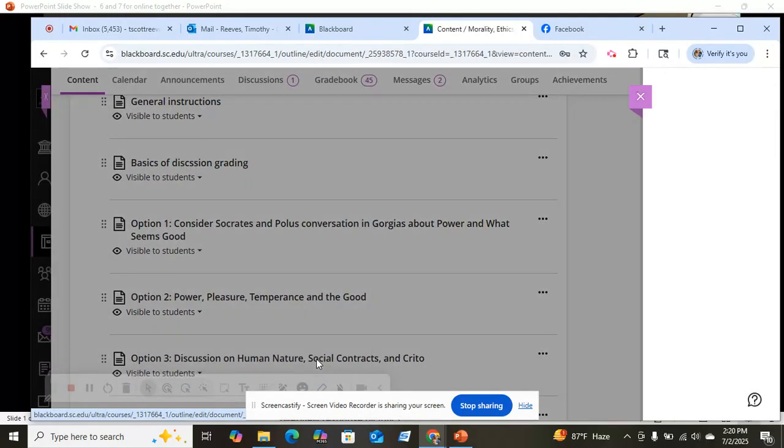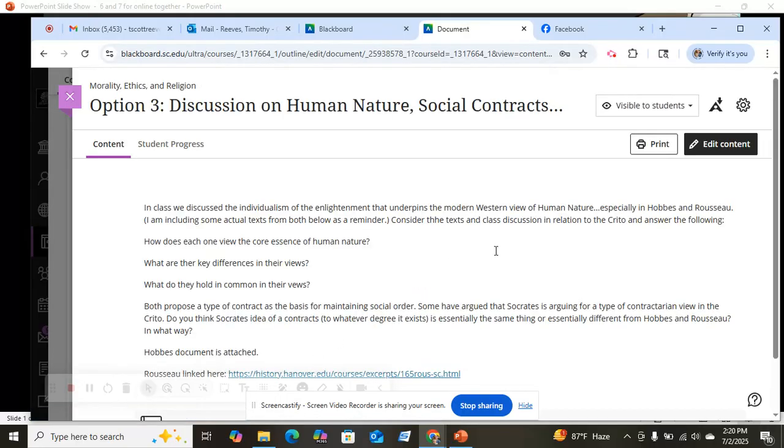Option 3 is discussing this idea of individualism and the Enlightenment, which I've talked about a little bit in the discussion on non-consequential modern ethical approaches. But individualism underpins the modern Western view of human nature, especially in Hobbes and Rousseau.